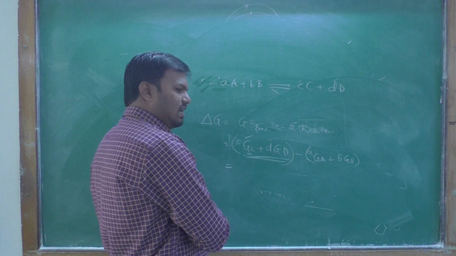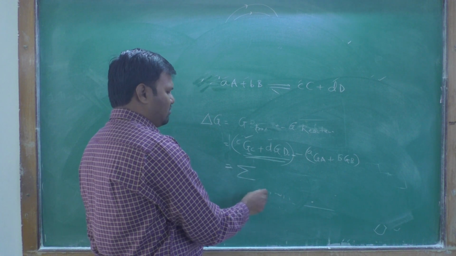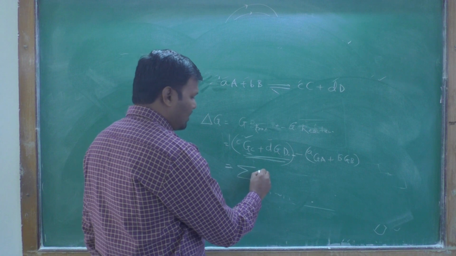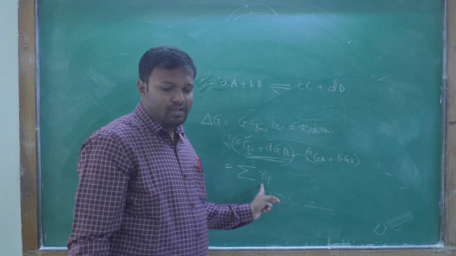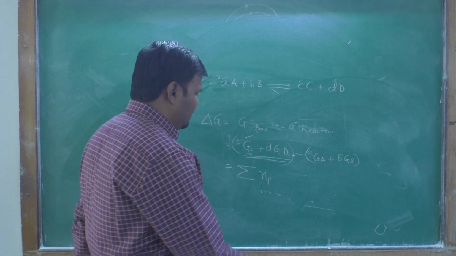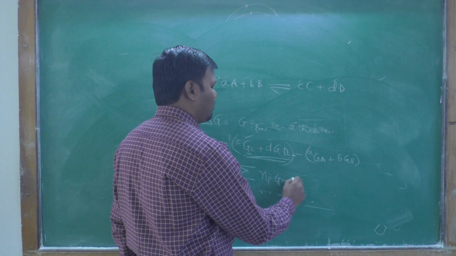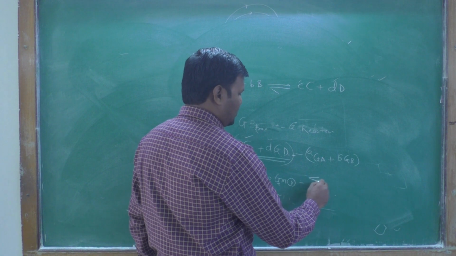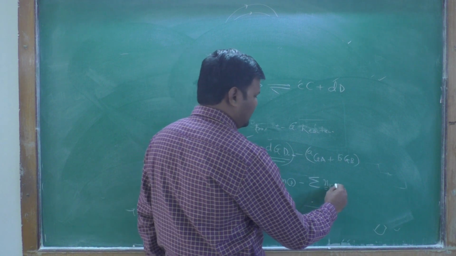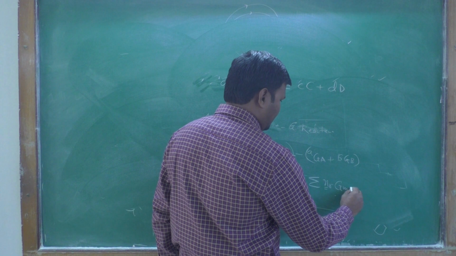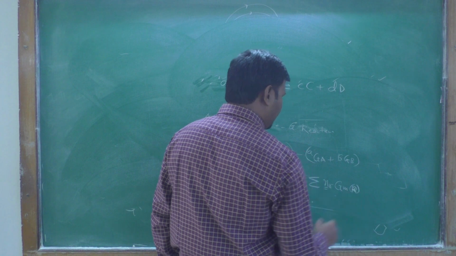For that there is a summation. Mathematically, it is the summation of Np, the number of moles of the products, times Gm, the molar Gibbs free energy of the product, minus the summation of Nr, the number of moles of the reactants, times the molar Gibbs free energy of the reactant.